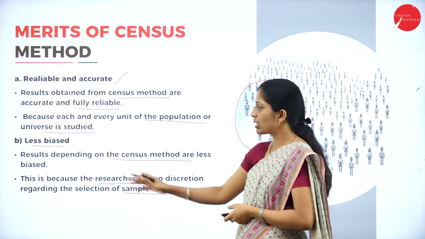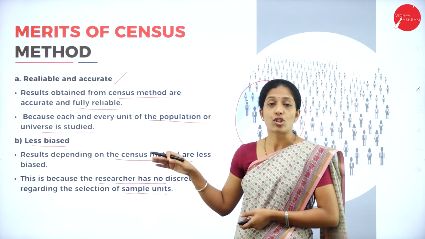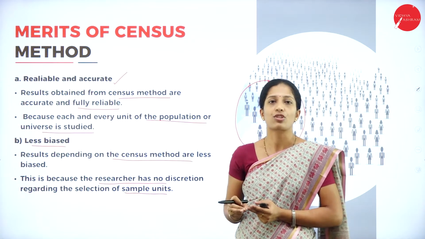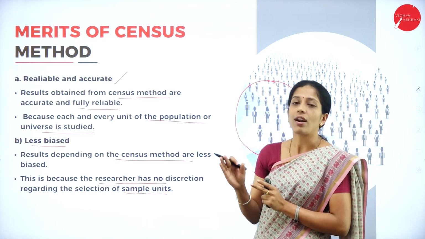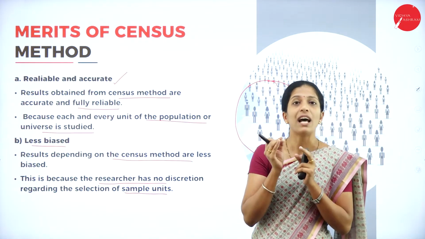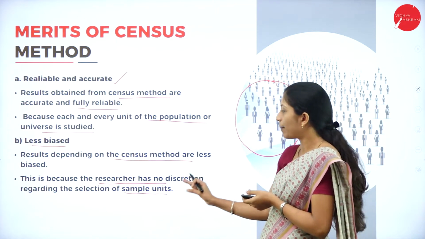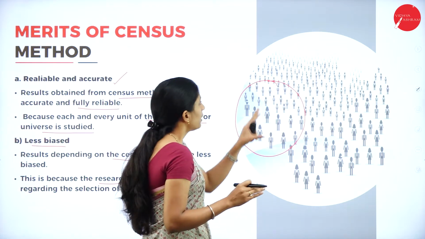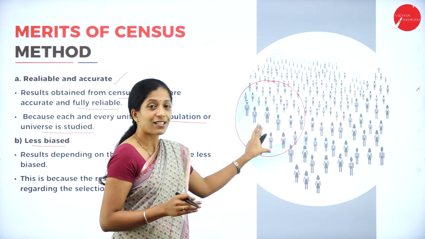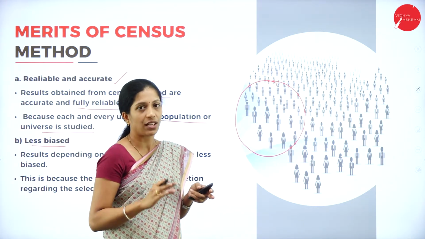So there may be fewer chances of opposition under the census method, because they are not going to collect the information from a group of people, that is, sample units. Now why would there be opposition? Here the sample represents the whole population, correct?